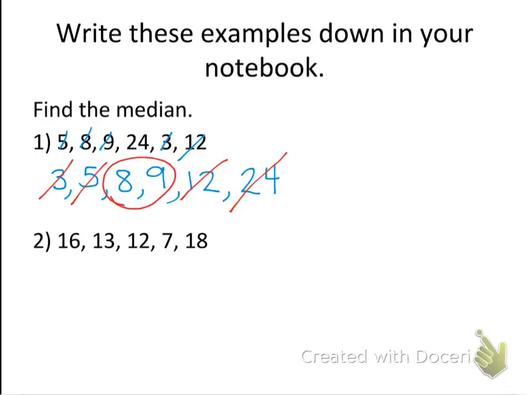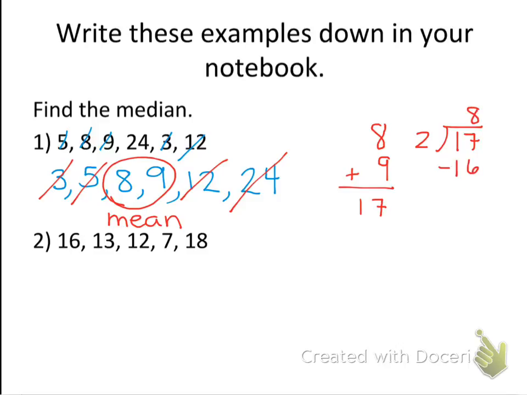Okay, remember, when you have two numbers in the middle, you need to find the mean of those two numbers. So for the mean, we need to add and then divide by the number of numbers we have. So I'm going to do it over here. We're going to add 8 plus 9. 8 and 9 gives me 17. And I have 2 numbers. So we're going to divide 17 by 2. 2 goes into 17 8 times, and 8 times 2 is 16. 17 minus 16 is 1.